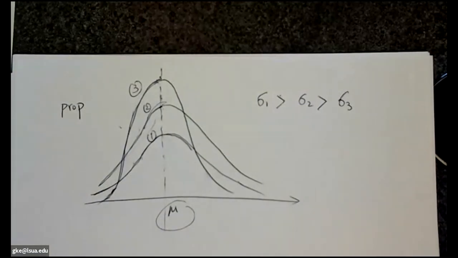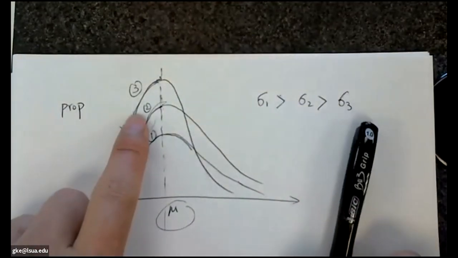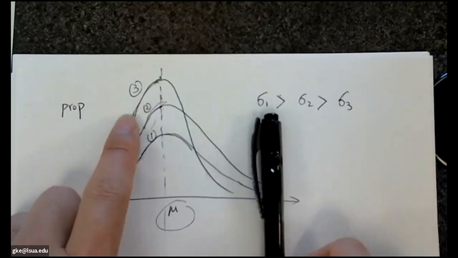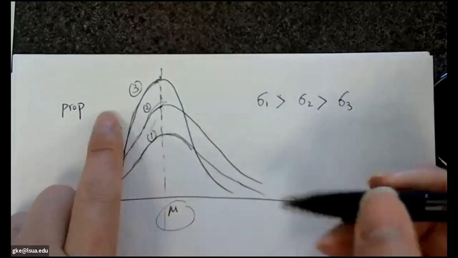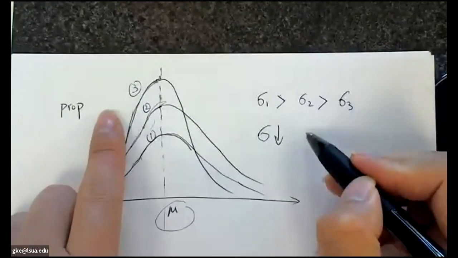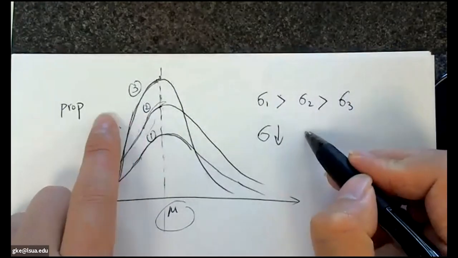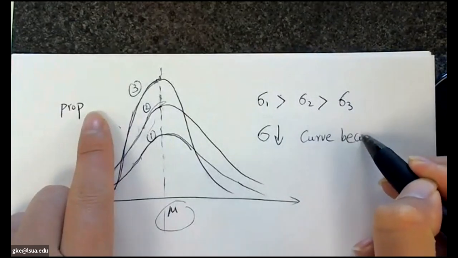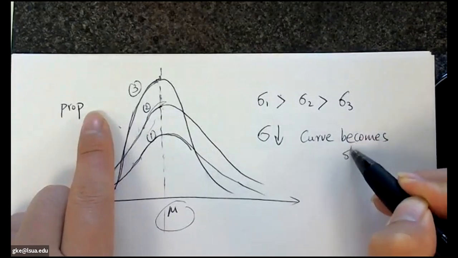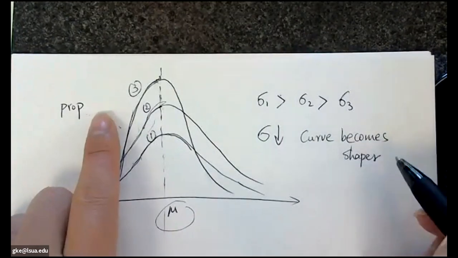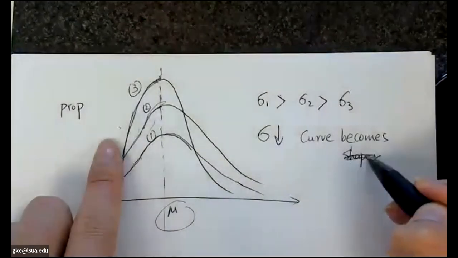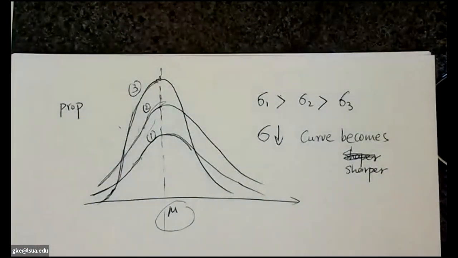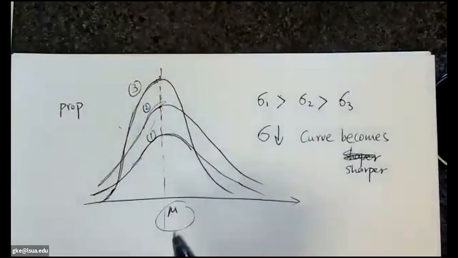So what does that mean? As sigma is decreasing, the curve becomes sharper and sharper, or narrower and narrower, okay?